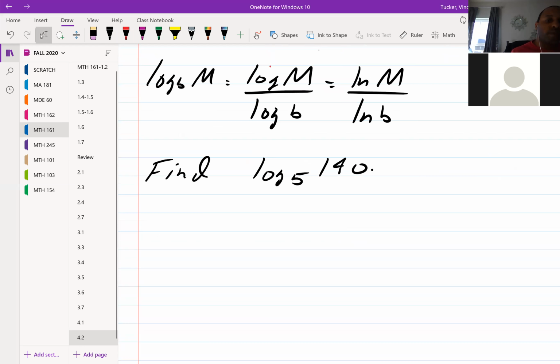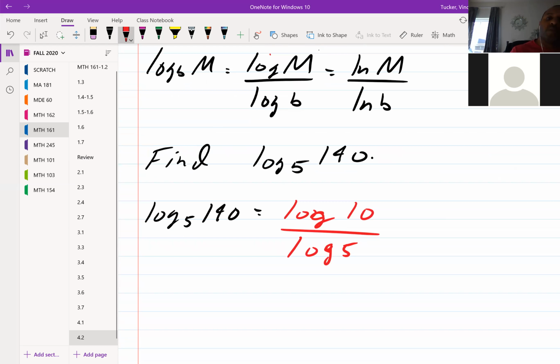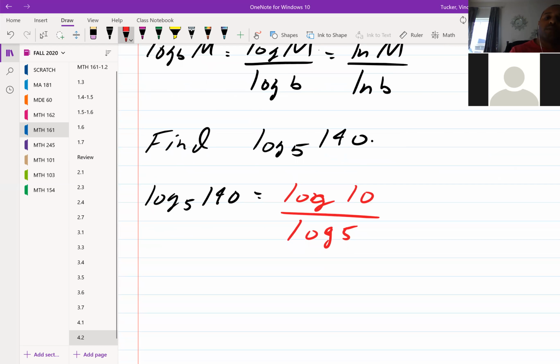All right, so if we want to find log base 5 of 140, we can either do log of 140 over log 5, or we can do natural log. I said 10, it should be 140.